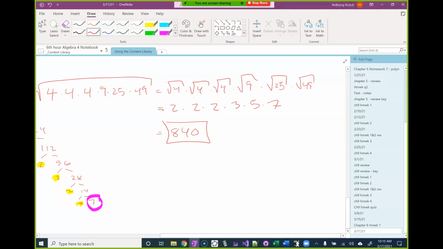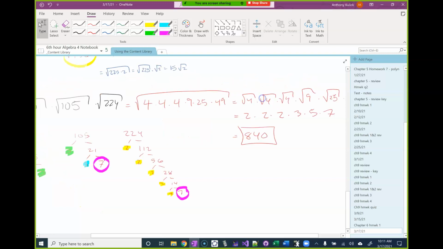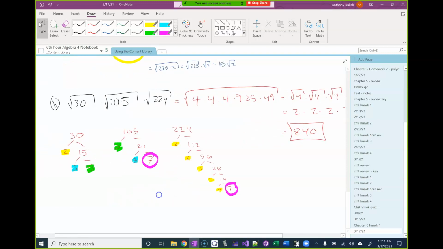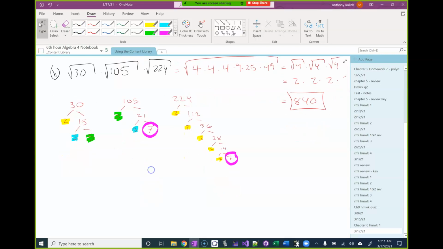Now, does this problem change if we're doing cube roots? Probably. Let's say these are our cube roots.